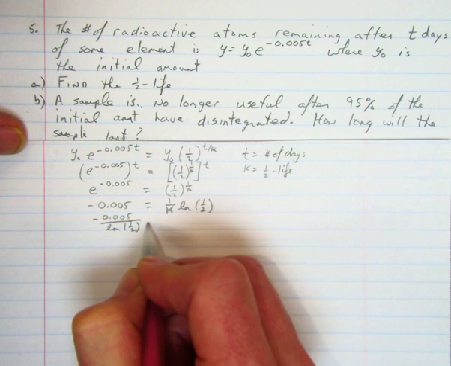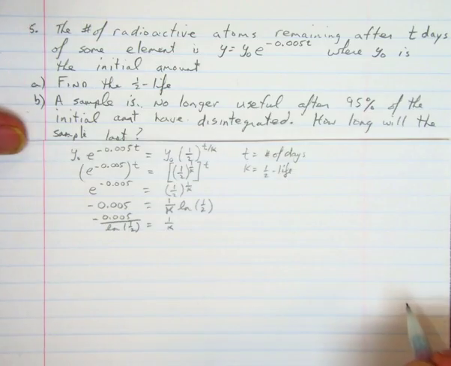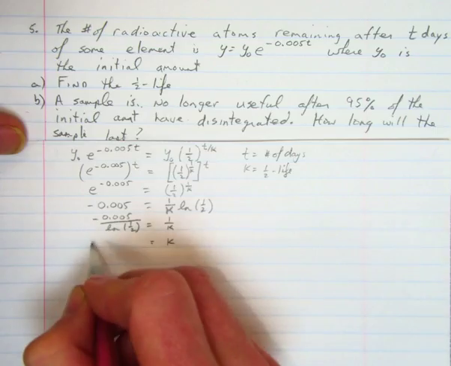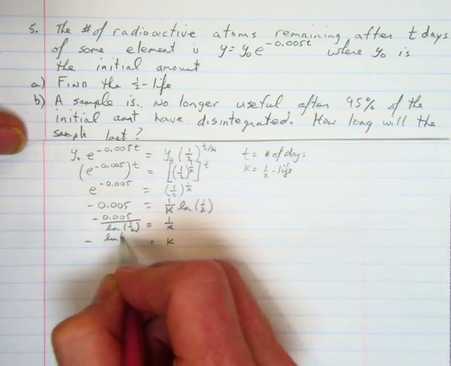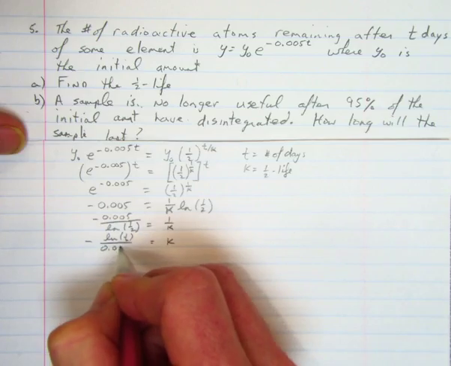I'm going to go slowly on this so I don't lose anybody. Now if two fractions are equal, their reciprocals are equal. So we have negative ln of 1/2 divided by 0.005.